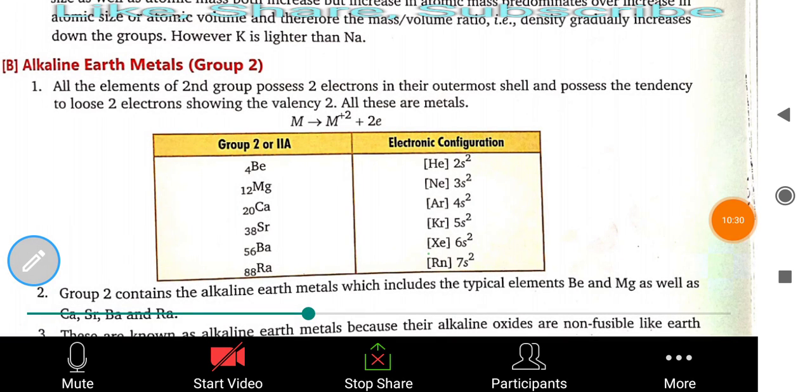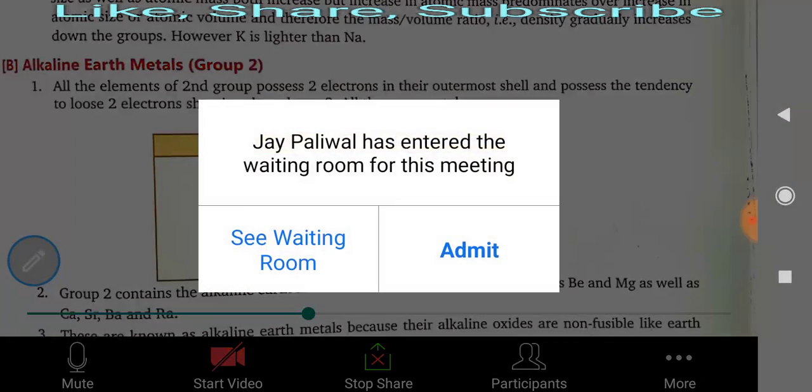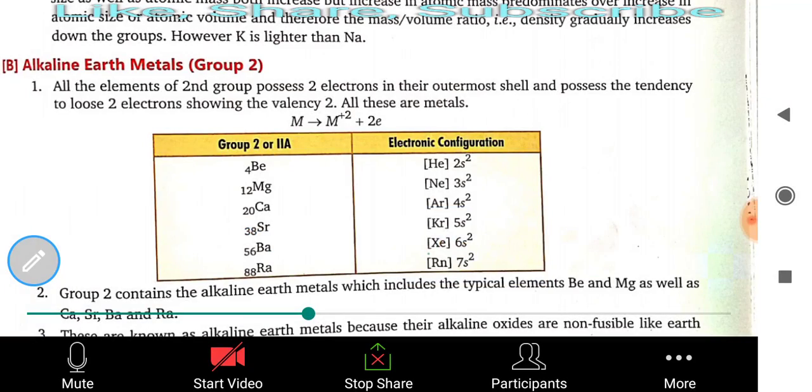So all the elements of the second group possess two electrons in their outermost shell and possess the tendency to lose two electrons, showing valency 2. All these are metals. So group 2 also contains metals. In group 2 also metals are found.